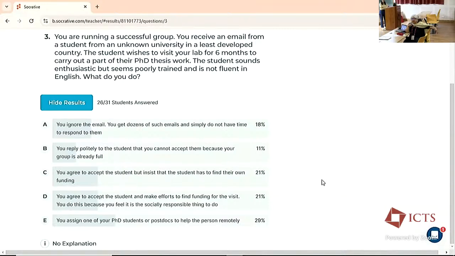It started with a cold email, cold as in I didn't know the person, saying, we want to know how to do such calculations, can you help us? And I assigned a student to help them, and that's how the interaction started.